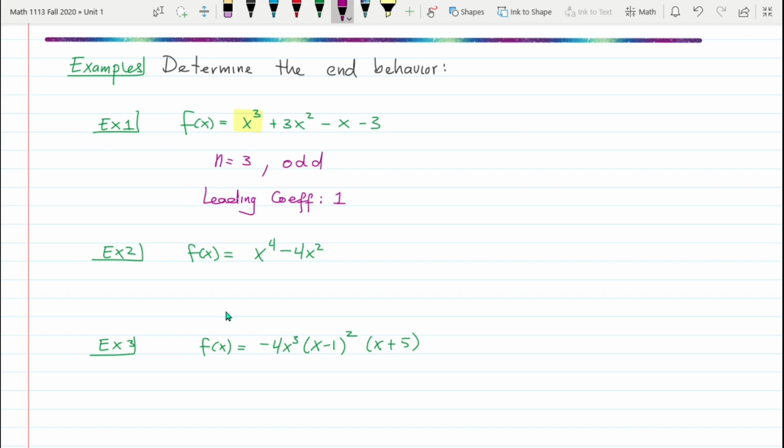So this graph has a positive number and an odd power. So if we make a graph of it, this is what's happening, right? We have the left leg falling, stuff happens in the middle, and then the right leg rises. Okay?